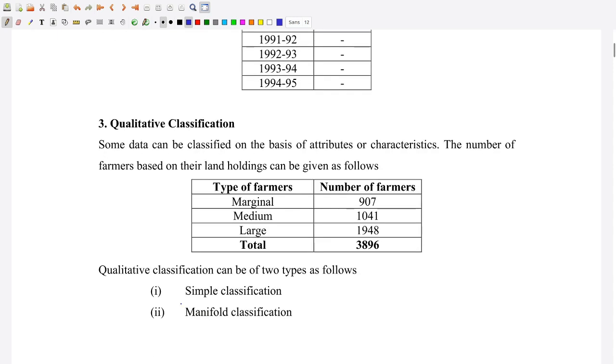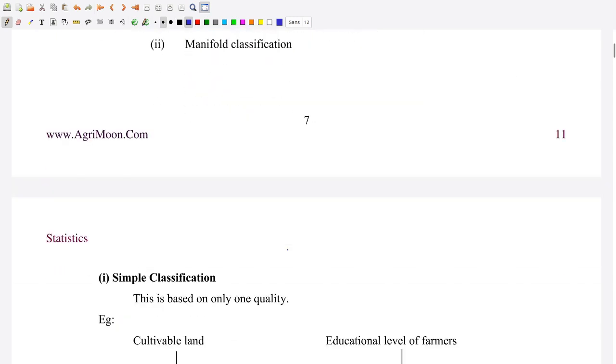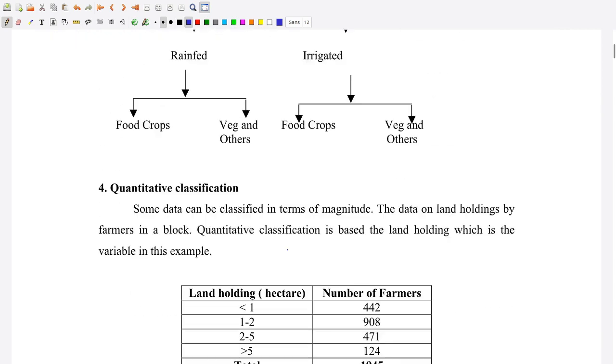Or we have qualitative data, where we say the types of farmers are marginal, medium, or large. So this is qualitative. That means we are not quantifying it in the form of numbers, right?